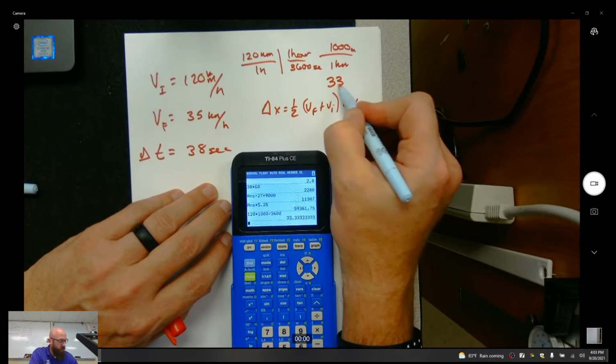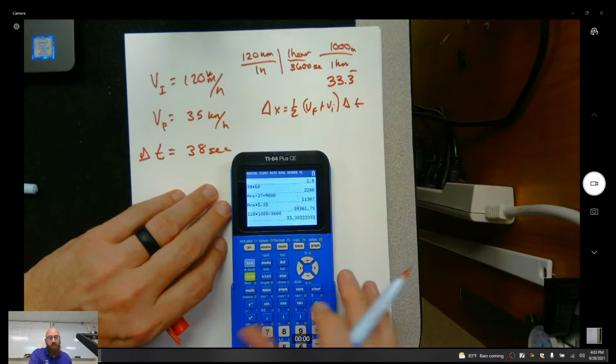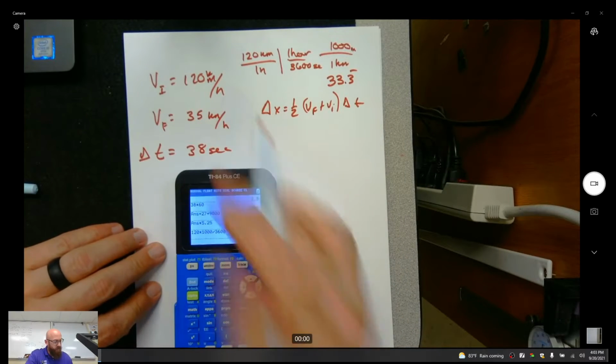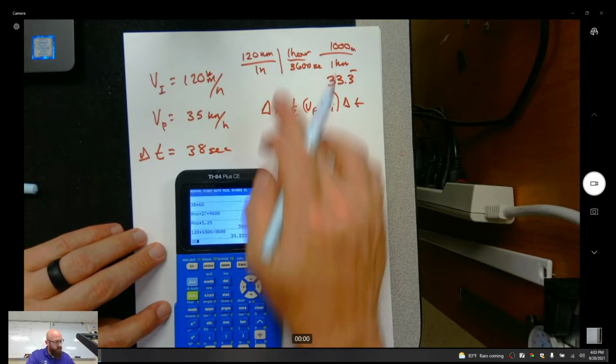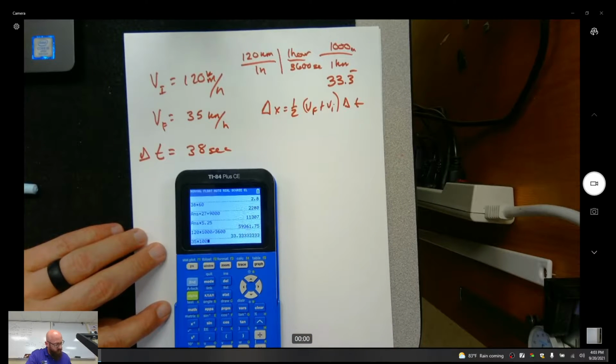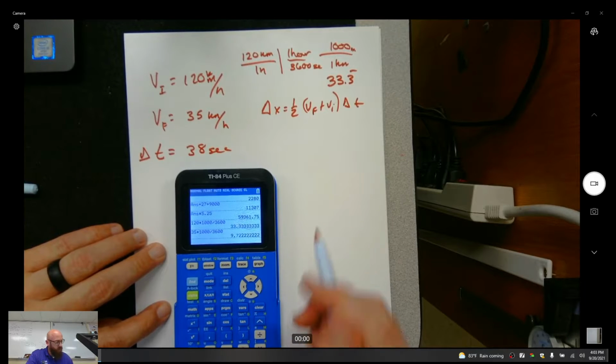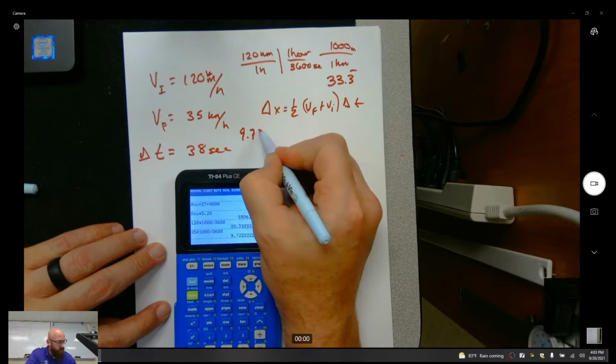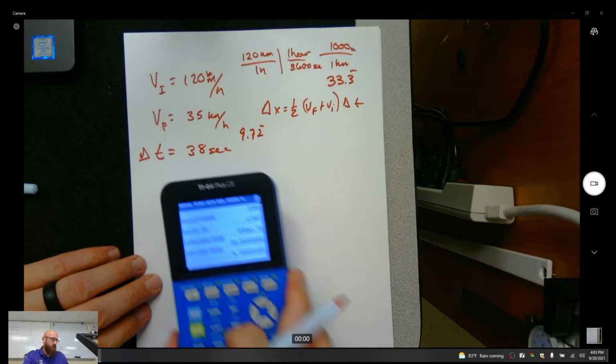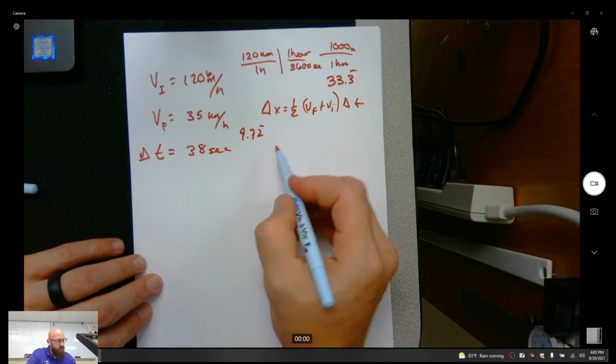Well, that's an easy number, 33.3 repeating. Same for the 35: 35 times 1,000 divided by 3,600 is 9.72 repeating. Great numbers.